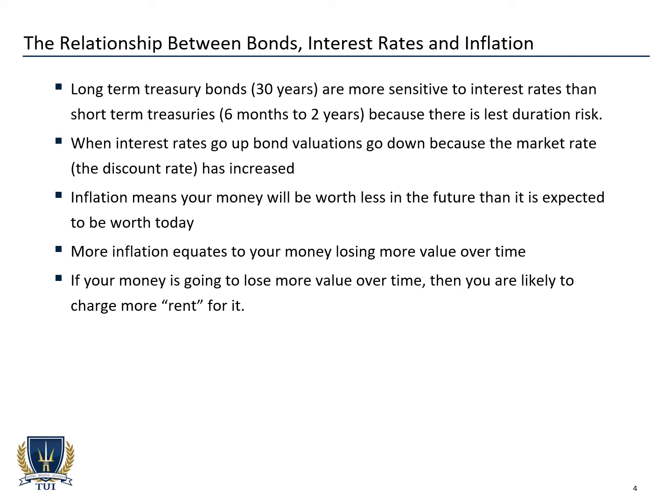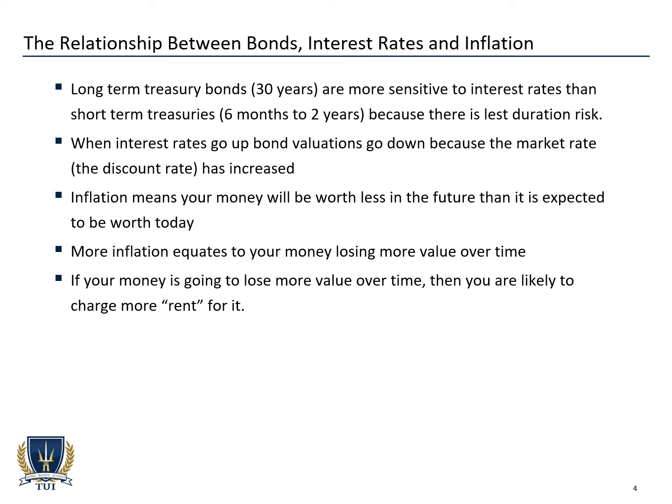Okay, the relationship between bonds, interest rates, and inflation. Long-term treasury bonds are more sensitive to interest rates than short-term treasuries. So the more time that's on a bond, and this is true of treasuries, it's true of corporate bonds, the more interest rate sensitive they get. Because if interest rates go up, that impacts a payment that you're going to get in 30 years by a lot more than it impacts a payment that you're going to get in 2 years.